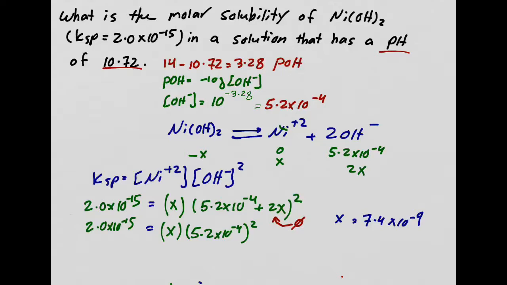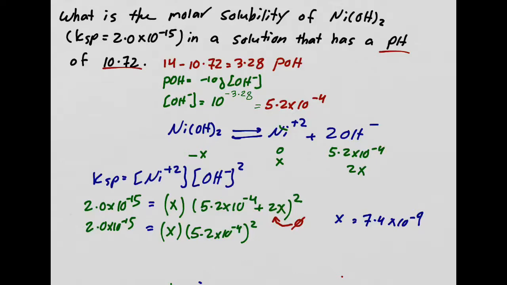Okay. Now, I want to make a couple of side notes. Side note 1, don't forget that Ksp is a constant. Common ion effect is not going to affect Ksp. Ksp is a constant. It does not change by common ion effect or other factors.